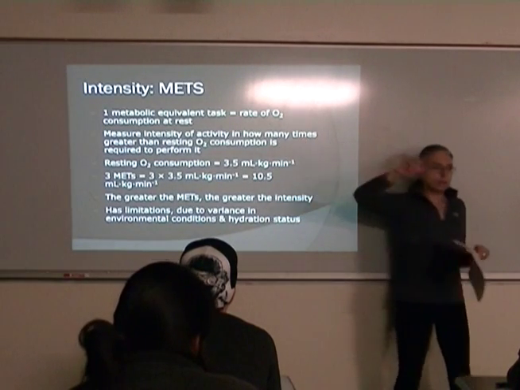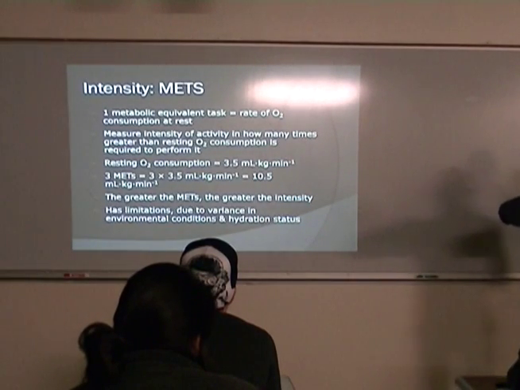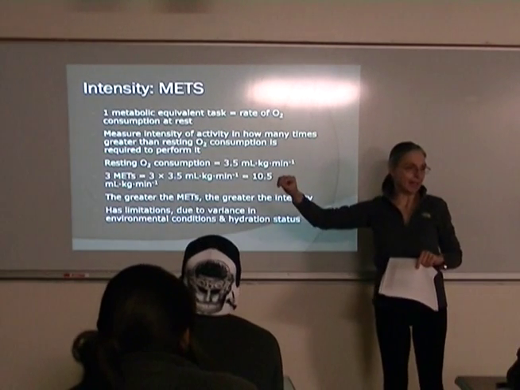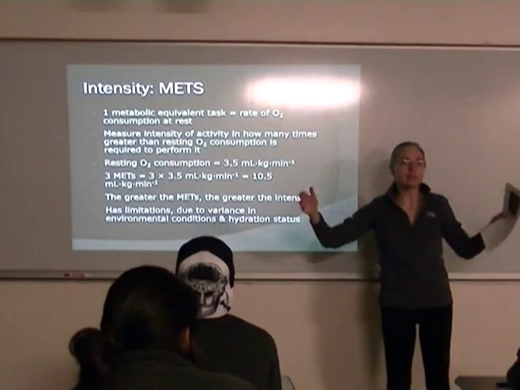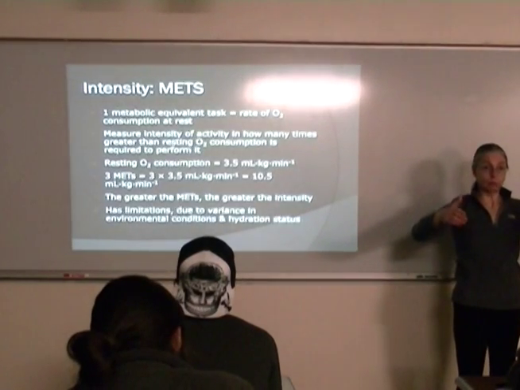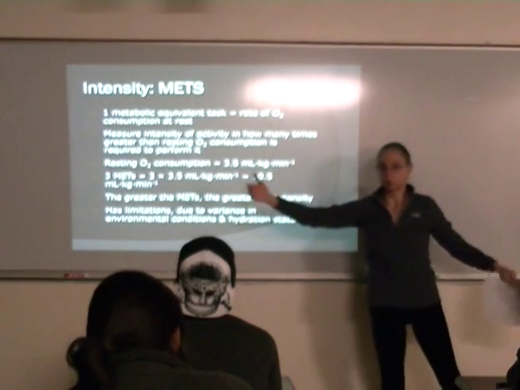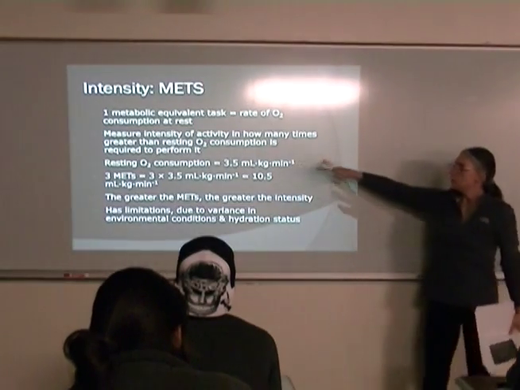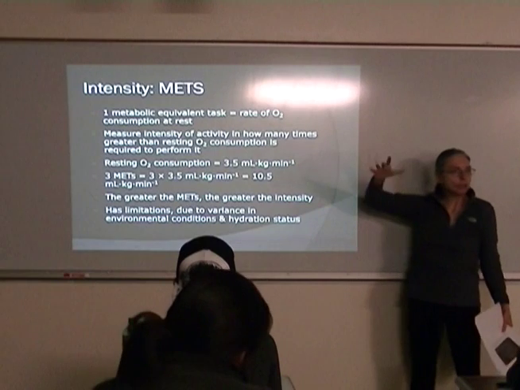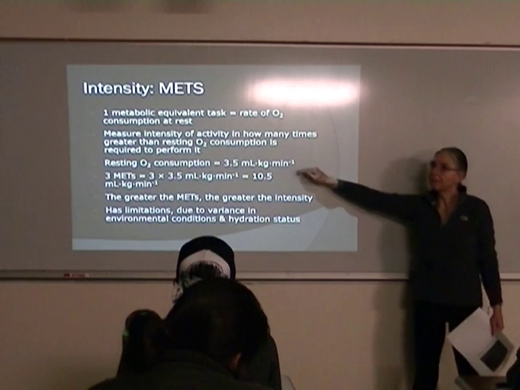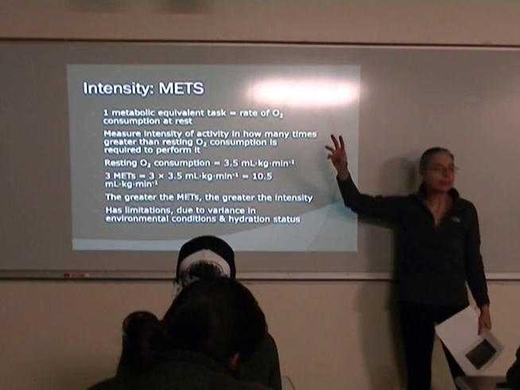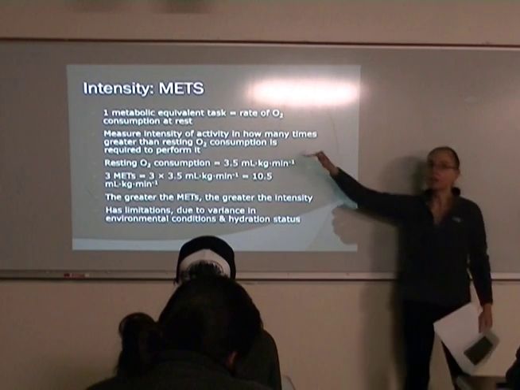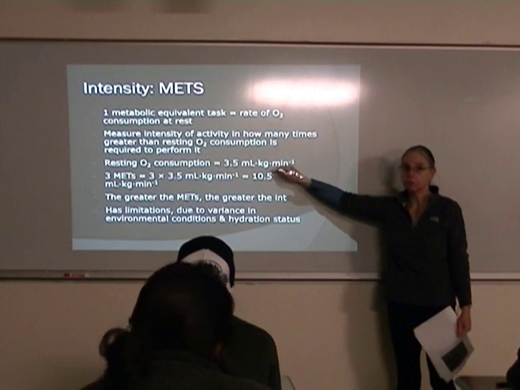So your intensity measure becomes how much more oxygen do I need to do the work I'm doing now? So it's greater than I need to sit down by how much? Okay? Resting oxygen consumption, on average, it's a real average, because there's no such thing as an average person. The bigger you are, the more muscle you have, the larger your oxygen consumption, right?